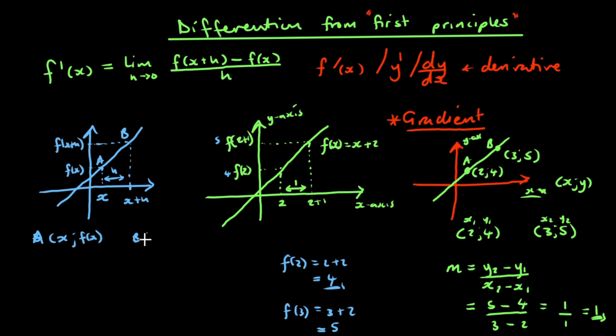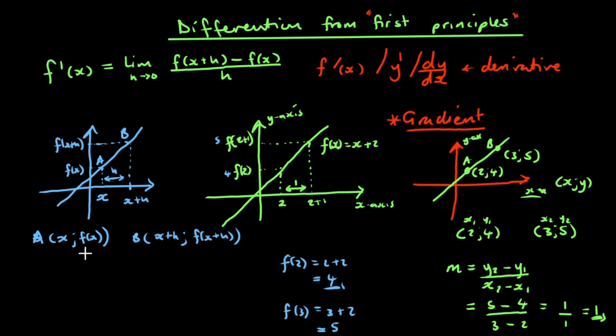And our B will be x plus h and f of x plus h. This and this make the coordinate of B.